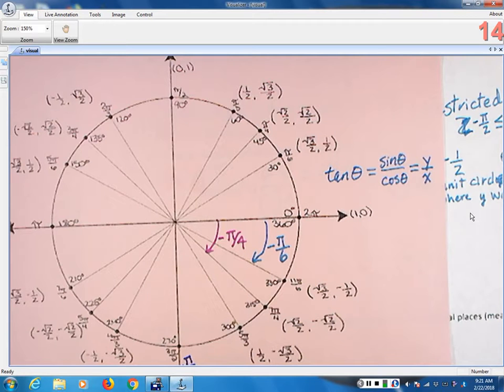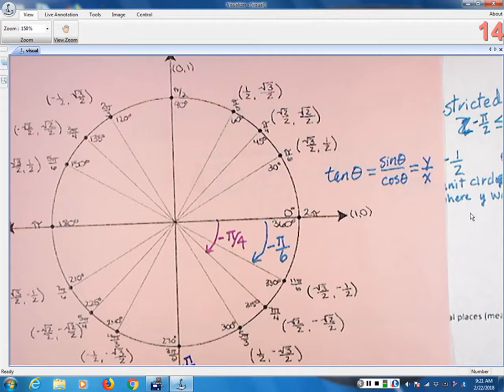Yes, that's the thing. Question? You take 1/2 over the square root of 3 over 2, and you get 1 over square root of 3 because the 2's cancel.